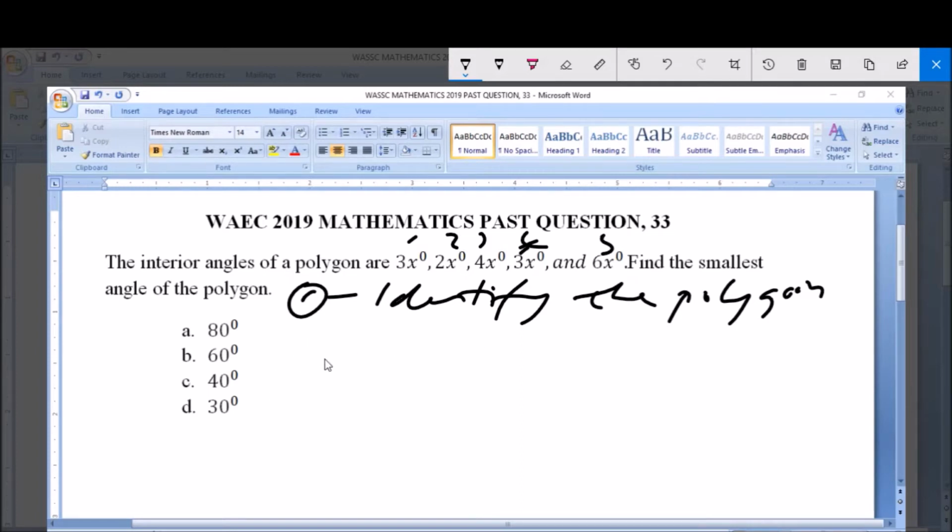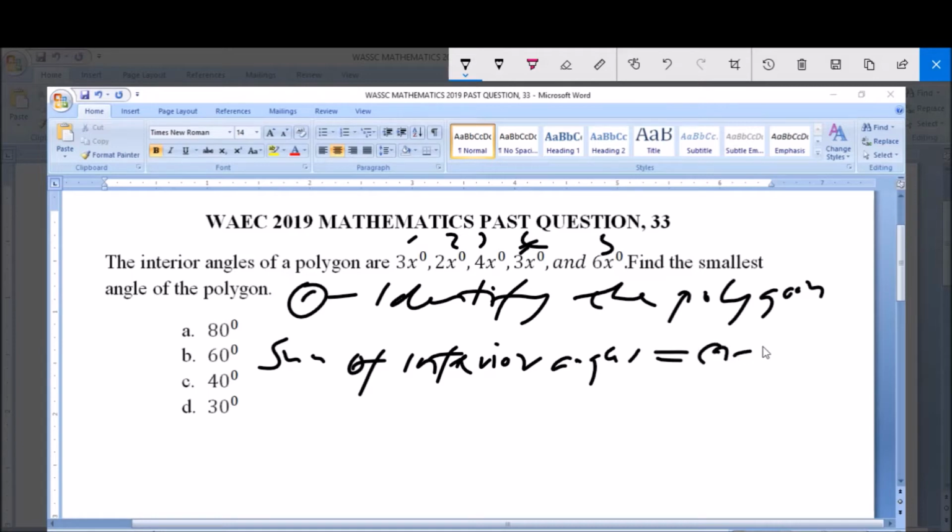Now the formula for finding the total sum of interior angles of a polygon is n minus 2 times 180 degrees.